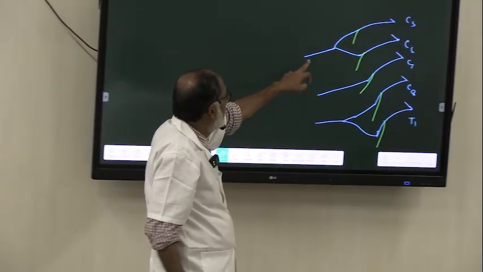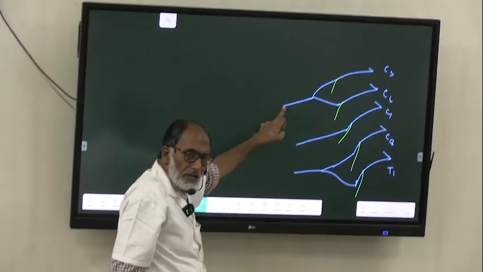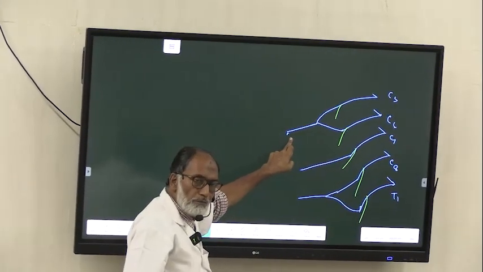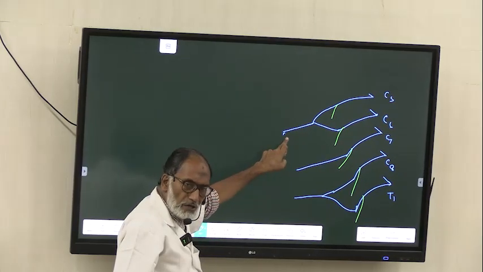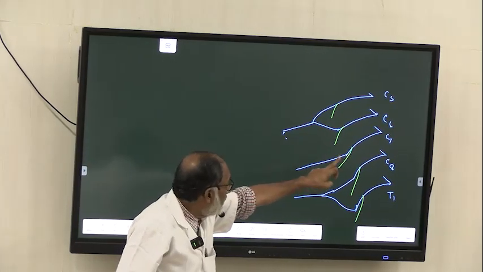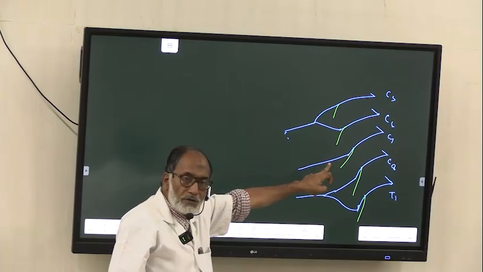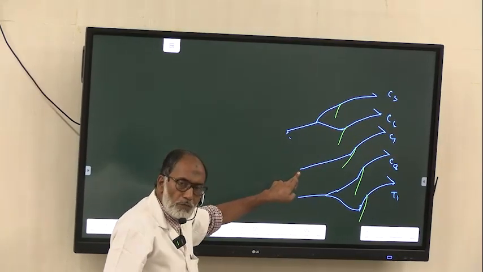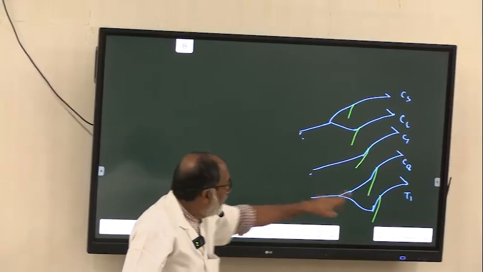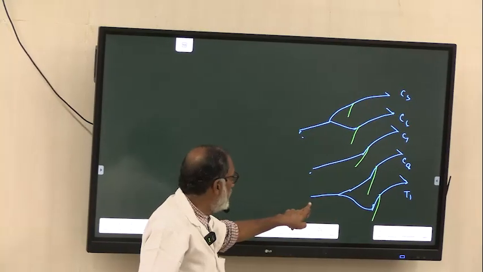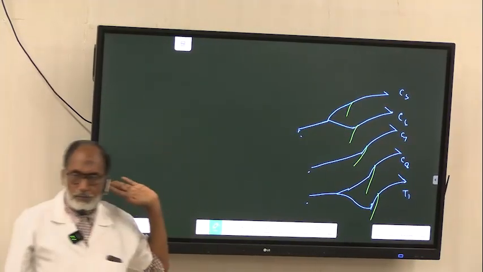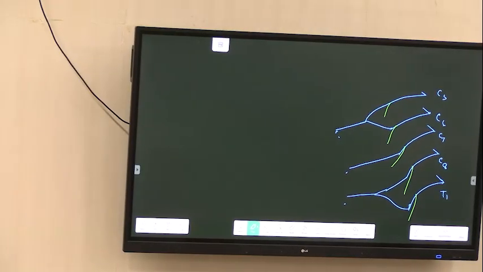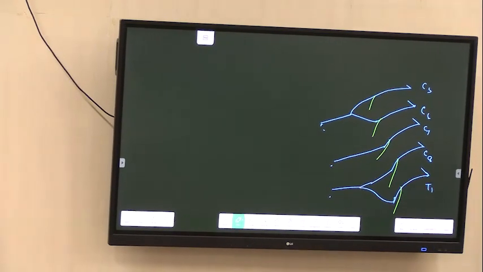The anterior division of C5 and C6 join to form upper trunk, and C7 anterior division has formed middle trunk, and anterior division of C8 and T1 has formed lower trunk. So there are 3 trunks, right?